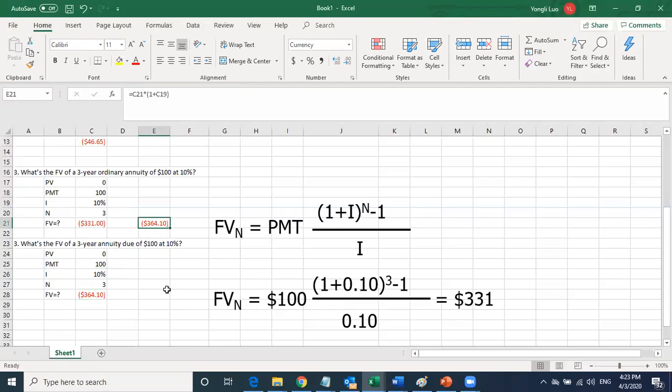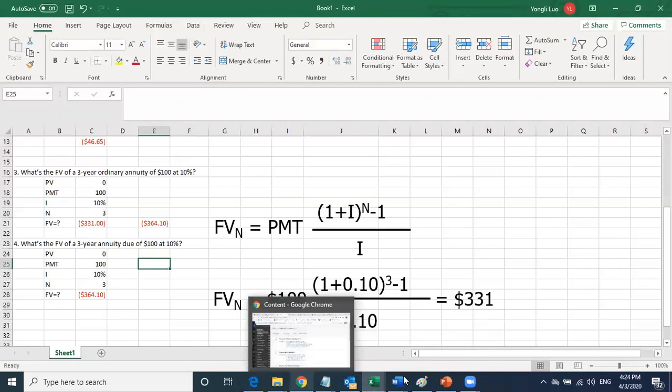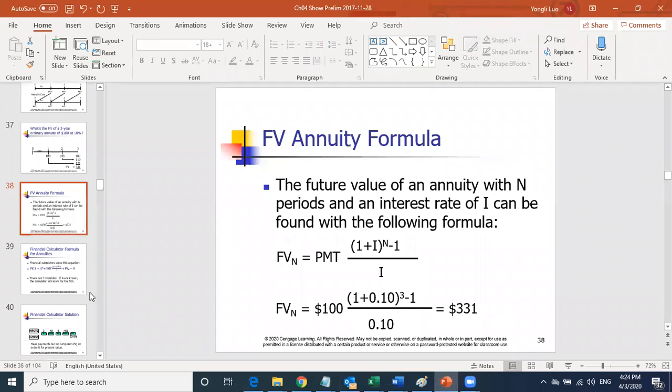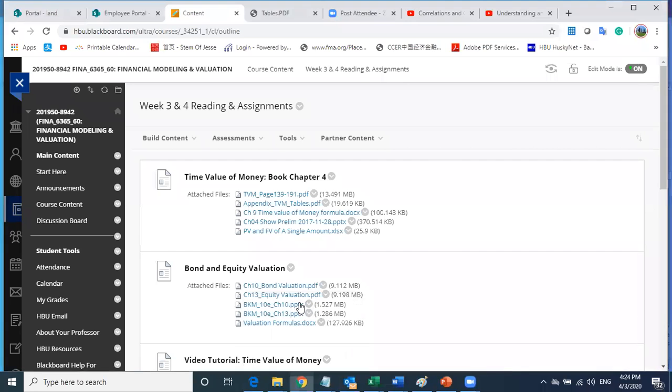The same formula applies to the present value of an annuity due, which is also in that slide. You can read the PowerPoint slides to continue studying the time value of money.